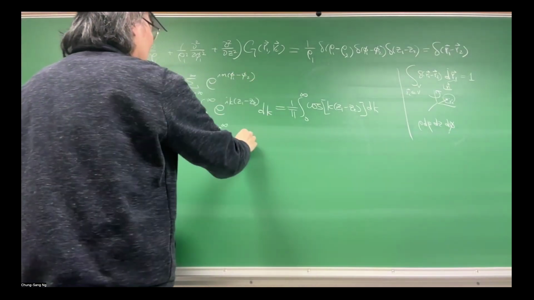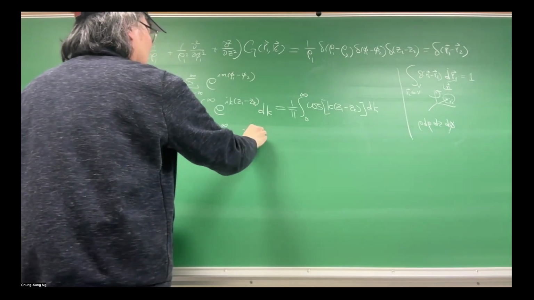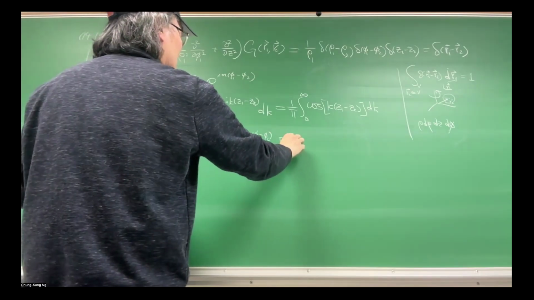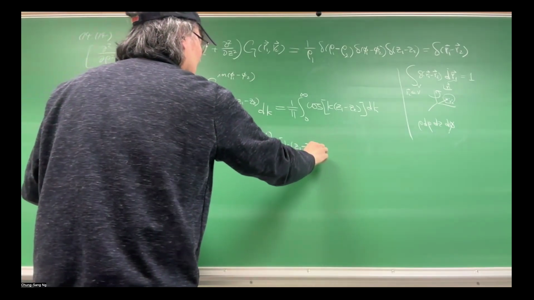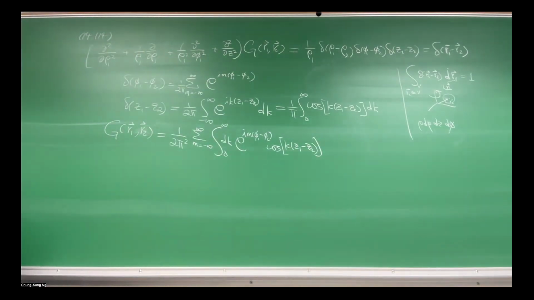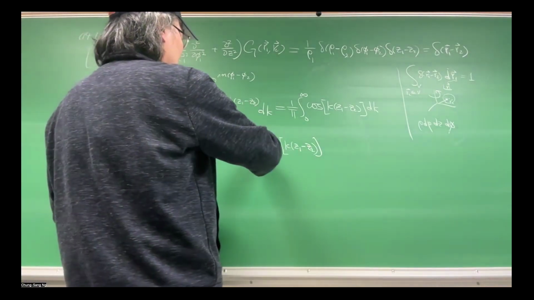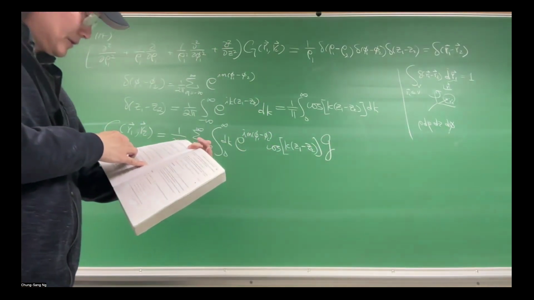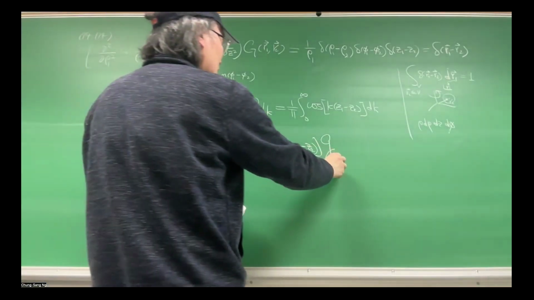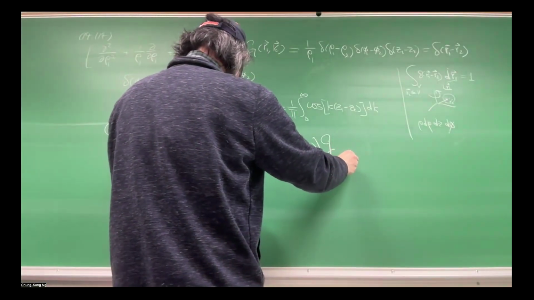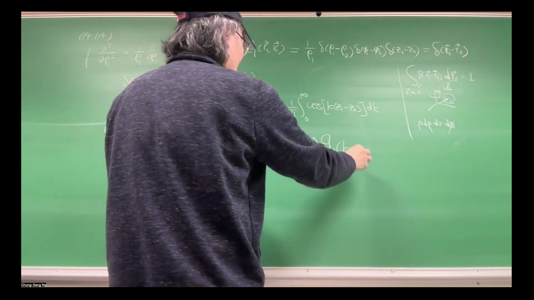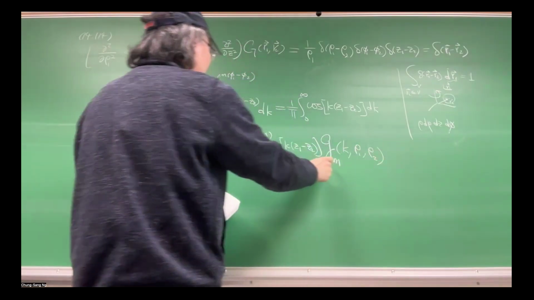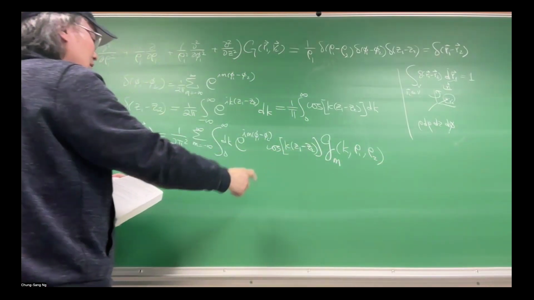And you have all these factors in e^(im(y1 minus y2)) and then cosine of k(c sub 1 minus c sub 2). But all these are the factors in the expansion, and finally you have this g, and the textbook notation is g sub m. It depends on m and k, and also on the two coordinates, rho sub 1 and rho sub 2. The other dependencies are on phi and z.